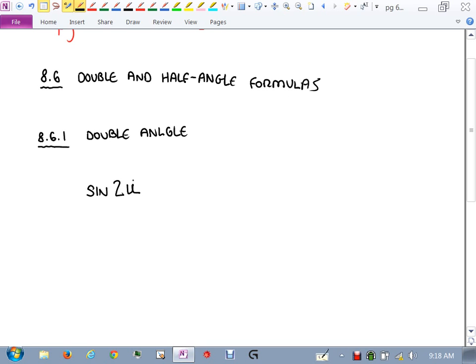Does it have it in parentheses? No, it does not have the 2u in parentheses, but please understand that the 2u is the argument there, so it actually is in parentheses. Sine 2u equals 2 sine u cosine u.